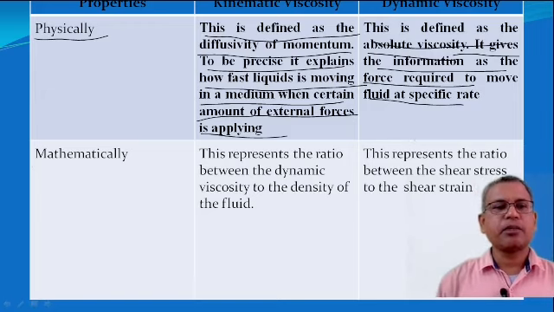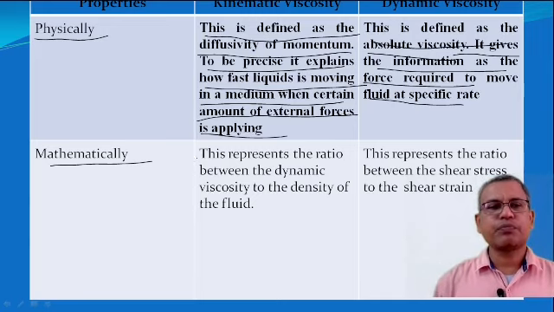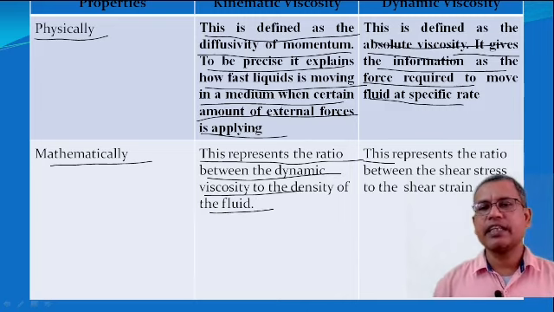Next, how to explain kinematic and dynamic viscosity mathematically. Mathematically, kinematic viscosity represents the ratio between dynamic viscosity and the density of the fluid, whereas dynamic viscosity represents the ratio between the shear stress and shear strain.